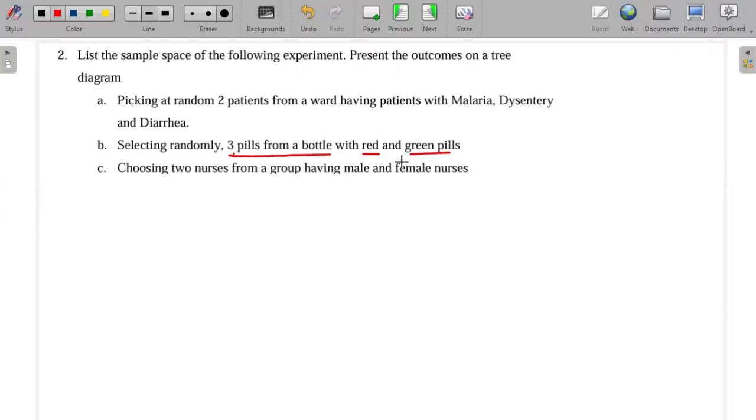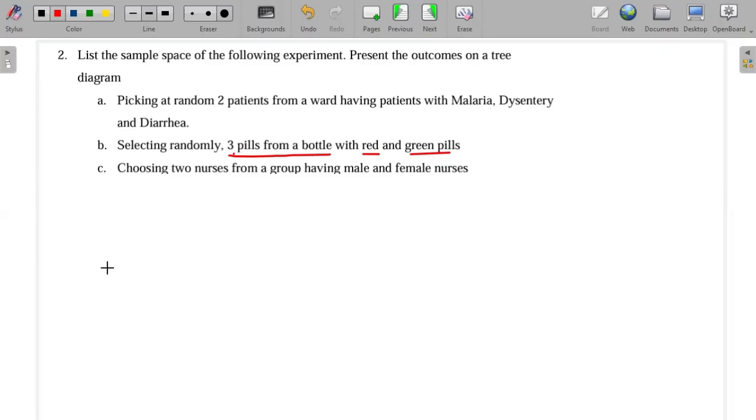So from this bottle that has red and green pills, we want to pick 3 pills from there, right? And those 3 pills should be picked in how many trials? 3. Because we first pick the first one, then we pick the second one, and then we pick the third one. So it's like we're having 3 tosses, something like that.